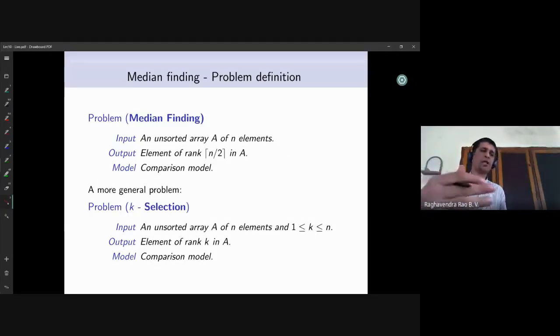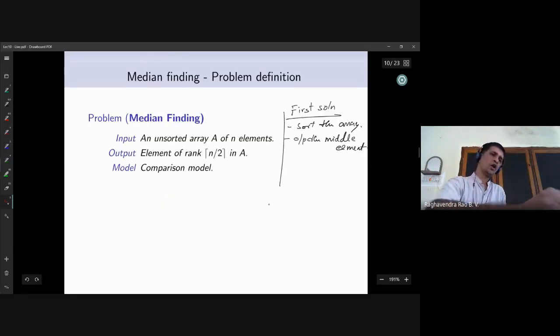But for other values of k, say 3n by 4 or n by 4 and so on, here again the trivial solution seems to be to sort the array and output the kth element.